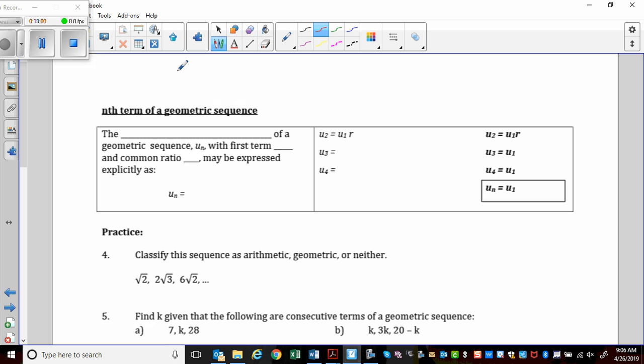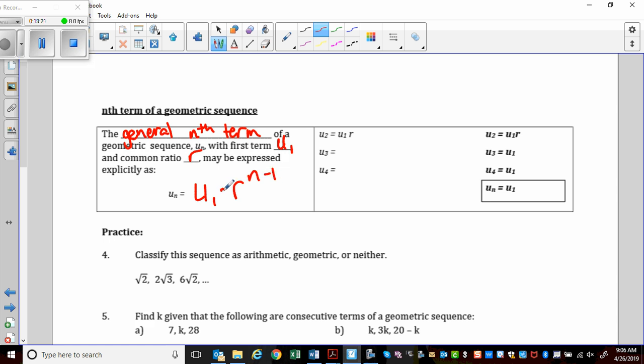Alrighty, the general nth term of the geometric sequence with first term u sub 1 and common ratio r may be expressed explicitly as u sub 1 times r to the n minus 1.